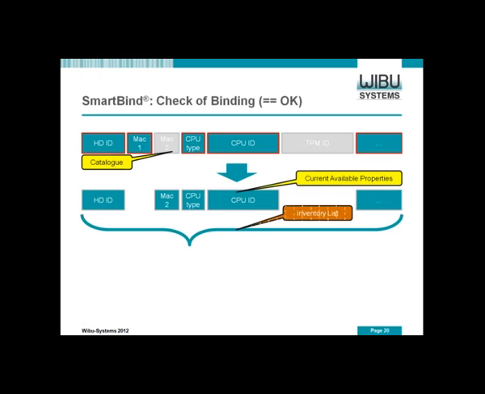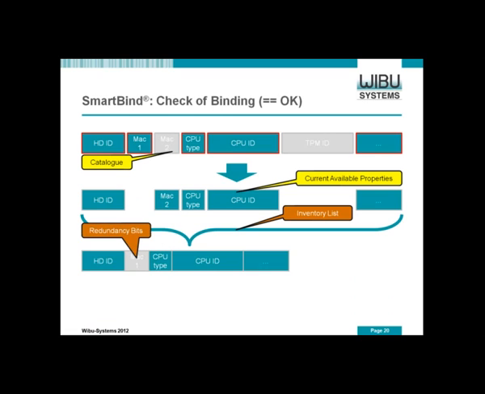And now we will use our inventory list to find out which property belongs at which place. And now we will try to reconstruct our property vector, and we can do this: hardware ID, CPU type, CPU ID, all the other stuff, but MAC address 1 is missing. And we already know, because of our inventory list, that MAC address 2 will not fit into this gap, because it's the wrong MAC address.